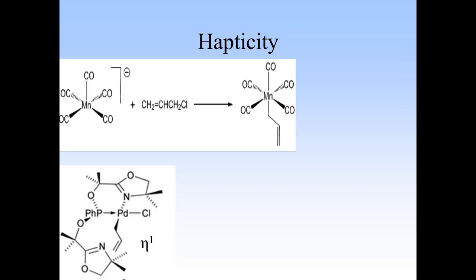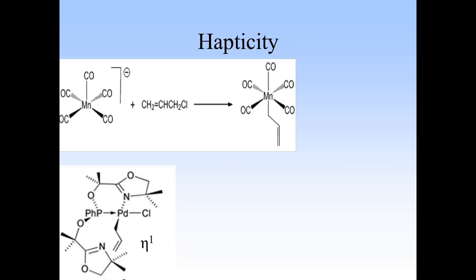Now we come to the second example. In this case, pentacarbonyl manganese reacted with propenyl chloride to form an organometallic compound which has 5 carbon monoxide ligands attached along with the propene ligand. Normally you have to look into the organic moiety. In this case the organic moiety is the propene ligand.